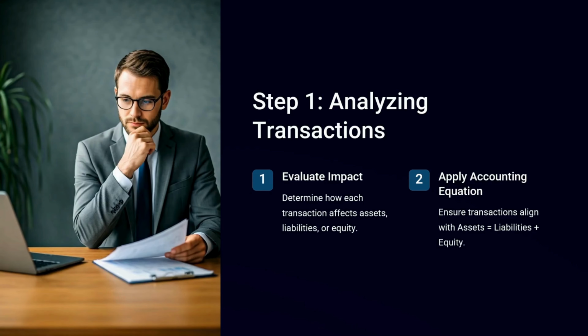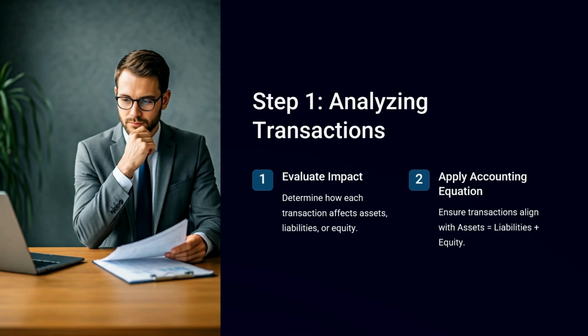Let's dive deeper into the first step, analyzing transactions. Every financial transaction affects the company's position in some way. When analyzing, you start by determining the impact on assets, liabilities, or equity.